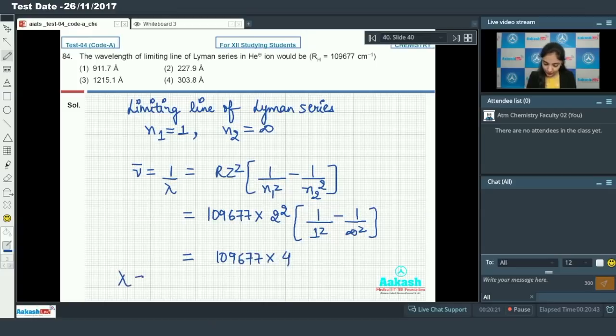If I calculate lambda, it will be equal to 2.279 into 10 raised to the power minus 6 centimeter. Convert this into angstrom, it will be 227.9 angstrom. So option number 2 is the correct answer.